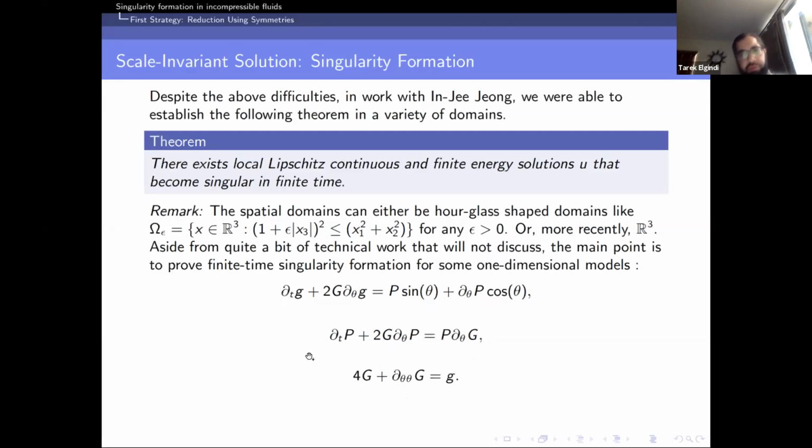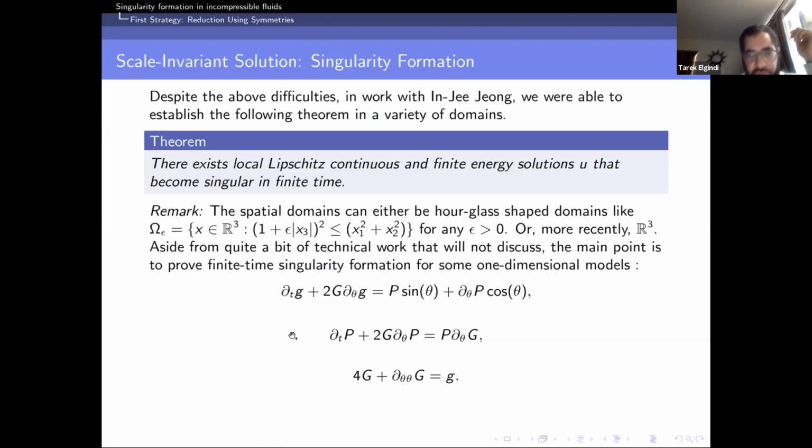To establish the growth, you're not really allowed to say that little g remains close to something or capital P remains close to something. So you have to think in broader terms. One example of something you can say is that if capital P starts out as a non-negative function, then it remains so for all time, so long as the solution exists.